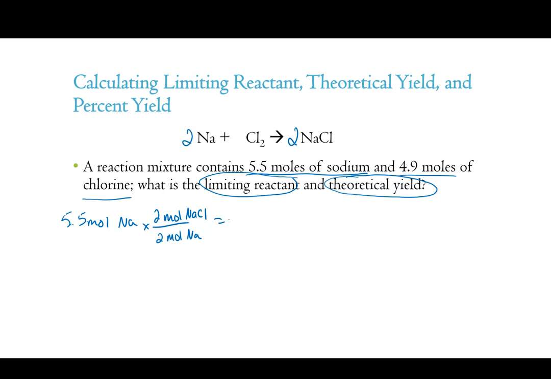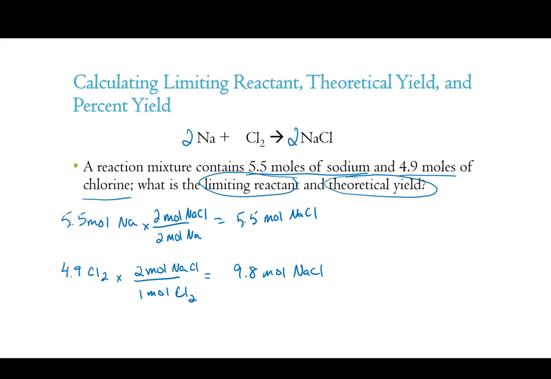And so if I used all of my sodium, I would make 5.5 moles of sodium chloride. I'm going to do the same for the chlorine. So if I used all 4.9 moles of chlorine, how much sodium chloride would I make? And so if I used all 4.9 moles of chlorine, I would make 9.8 moles of sodium chloride.